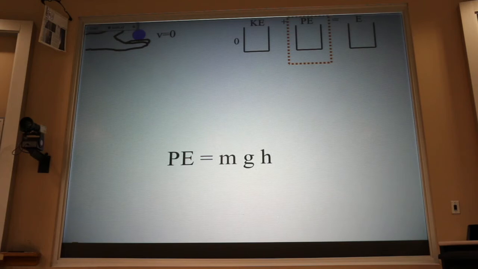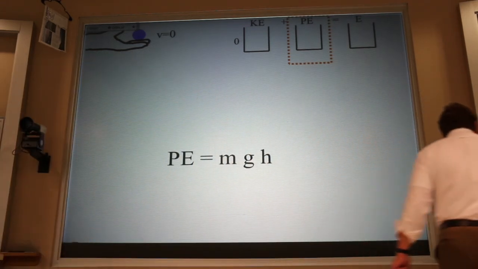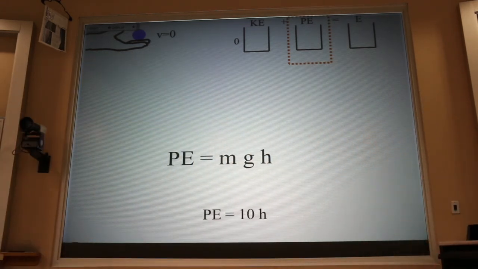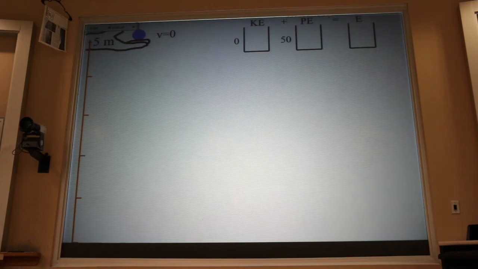If you always use the lowest point in your problem as your zero of height, you will never have negative height. And that'll simplify your problems. So I'm going to set up a coordinate system where that ball starts at 5 meters above the floor. And that's going to give me 10 times 5 or 50 units of energy.